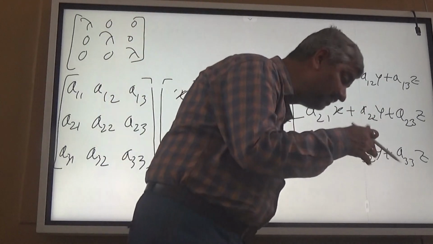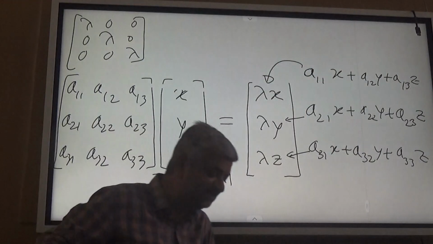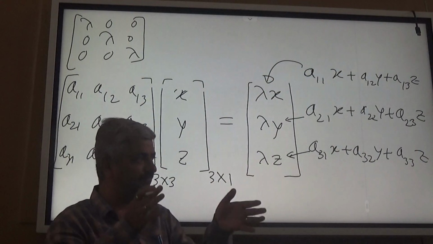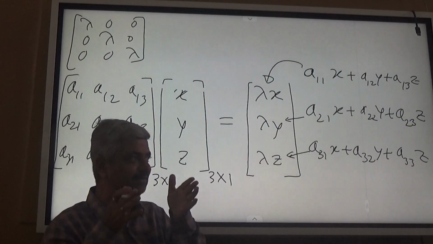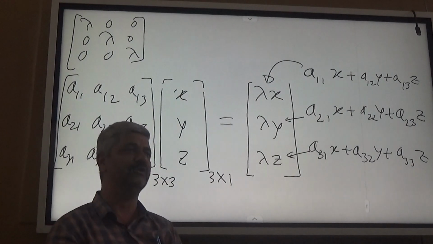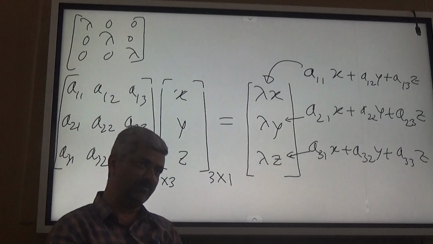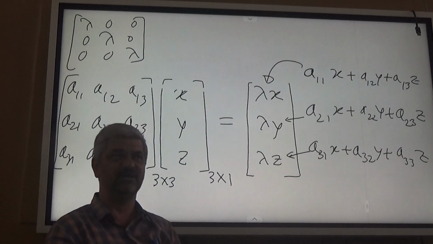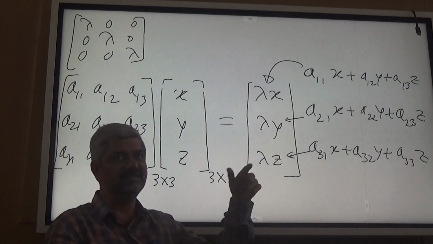For a matrix whose non-diagonal elements are 0 and diagonal elements are constant, it is instantly satisfied.